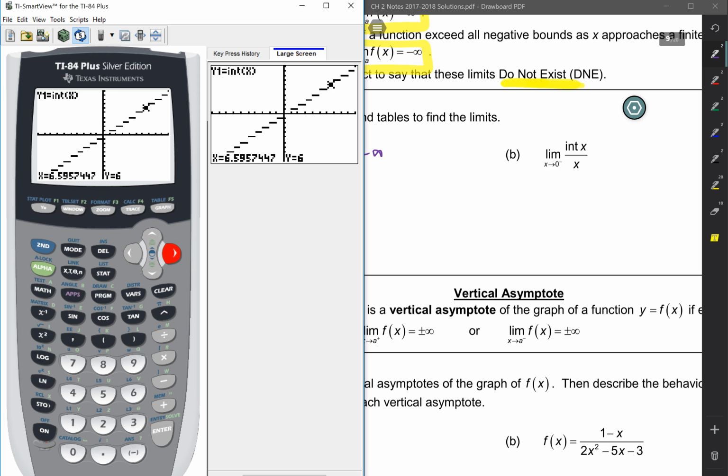So if you notice, the values for y are only integers. You can never have y equals 5.2 or y equals 3.1. It's an integer function. It's also called a step function for obvious reasons, right? So for x equals 1 all the way to 2, y equals 1. For x equals 2 all the way to 3, y equals 2.